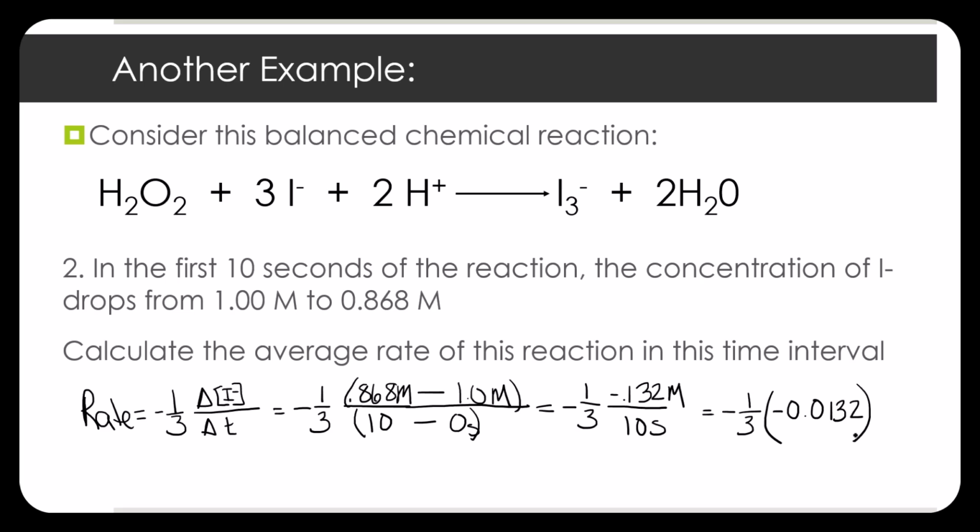So negative 1 over 3 times negative 0.0132. Negative times a negative, those cancel. The number that spits out on my calculator is 0.0044. Let's circle back around to the units.